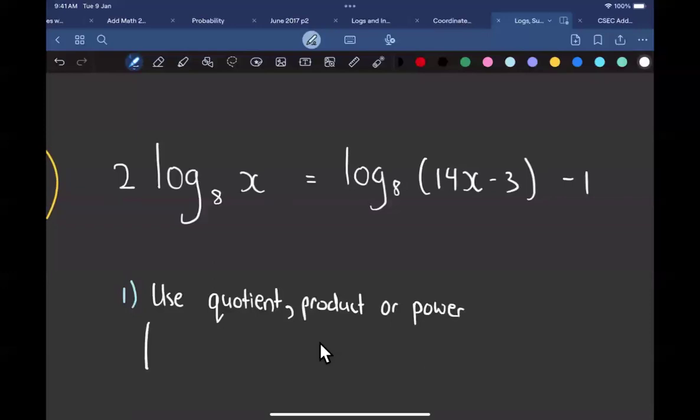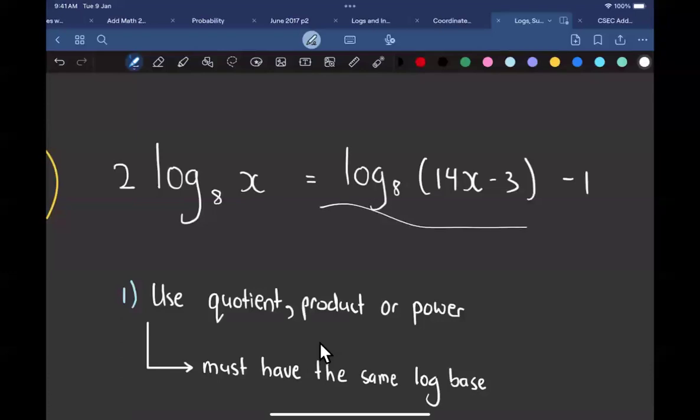But to do this, you must have the same base, the same log base. Look at the right-hand side. Tell me what's the problem there. And Nicholas, you could assist her if she needs it.